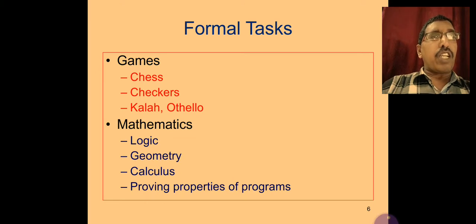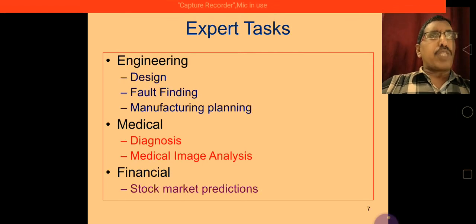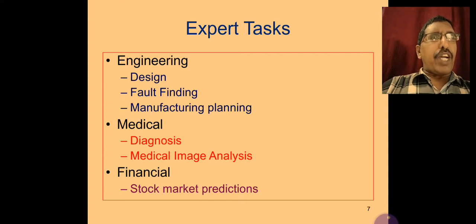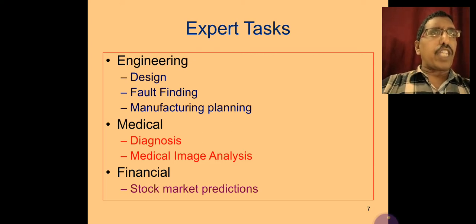Formal tasks include playing games like chess, and doing mathematical problems which include logic, geometry, and calculus. There are also tasks called expert tasks. Expert tasks include prediction, such as predicting rainfall, predicting the stock market, doing some medical diagnosis, and doing some engineering design. All these come under expert tasks. The machine should be able to perform these three types of tasks to be considered artificially intelligent.